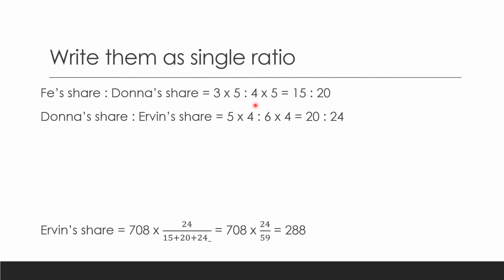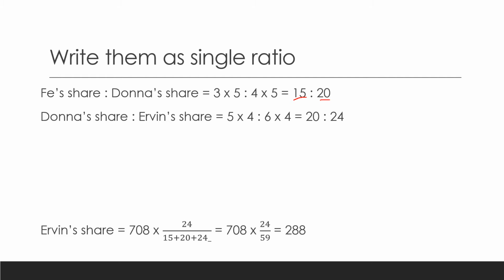Now remember originally, ang ratio nila is 3 is to 4, right? So multiply natin pareho by 5. So we got 15 is to 20. Okay? 3 times 5 is 15. 4 times 5 is 20.